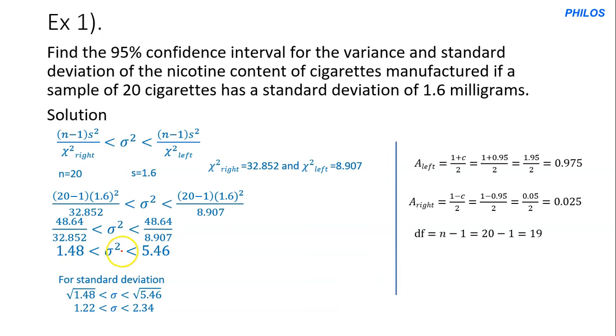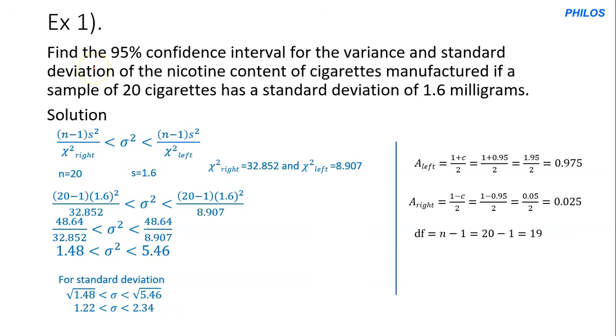Here I used a sigma with a square because I'm estimating population variance. But in this one, I didn't bring the square because I'm estimating population standard deviation. So be very careful about that. So we can conclude that one can be 95% confident that the population standard deviation is between 1.22 and 2.34 milligram. So that is the final answer to this.